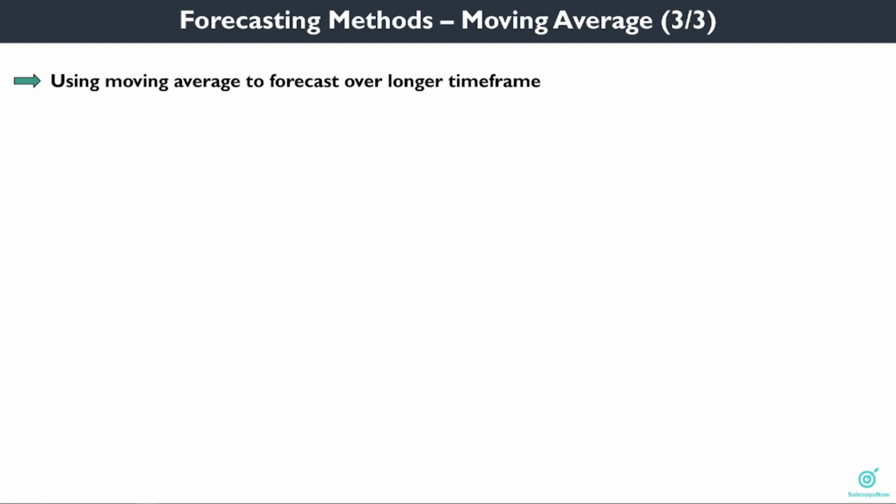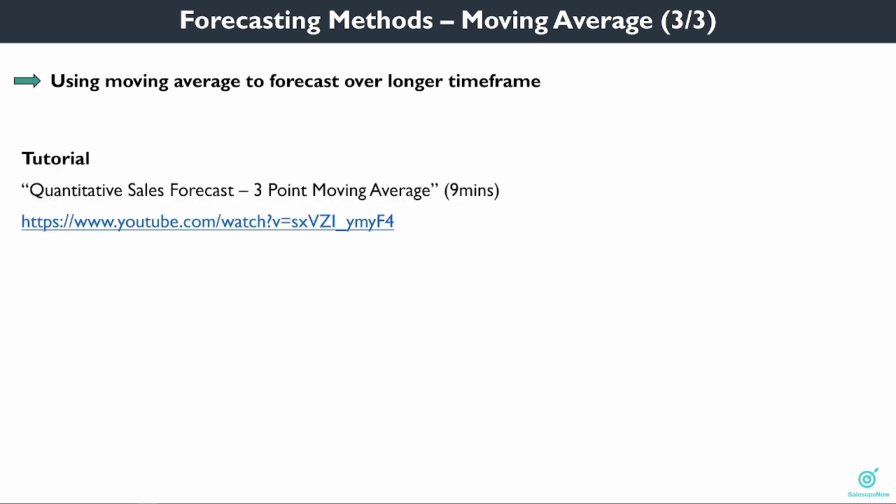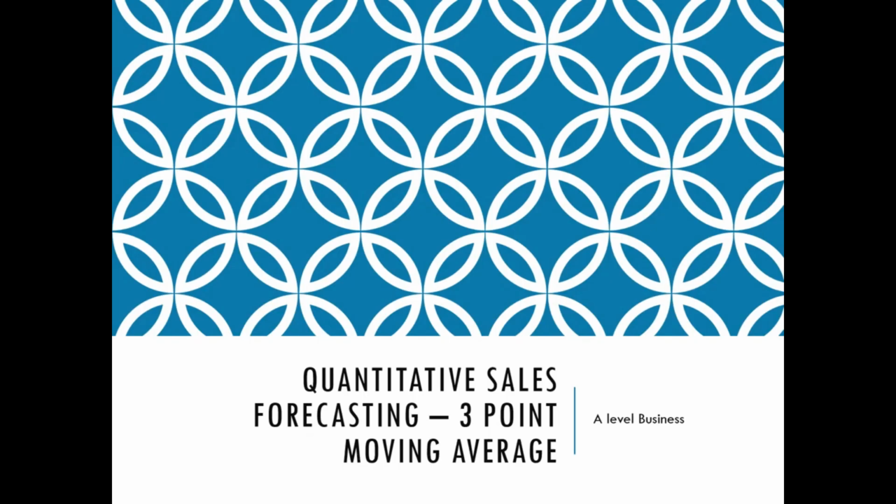The moving average method can also be used to forecast over a longer time frame. To illustrate, we will now watch a tutorial showing how the 3-point moving average, so 3 time periods, can be used to forecast over longer sales periods.